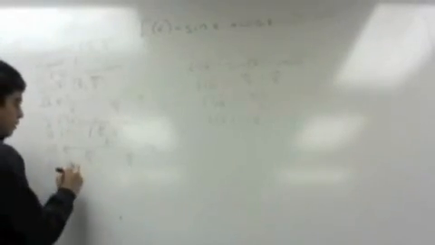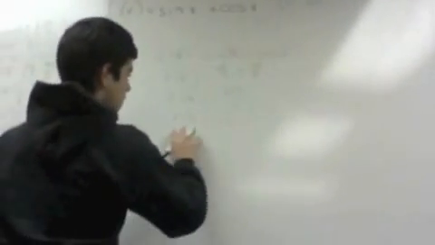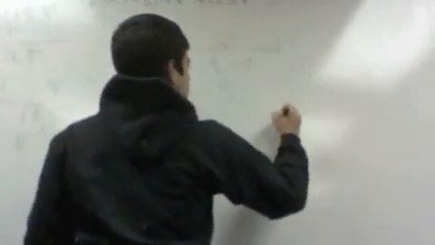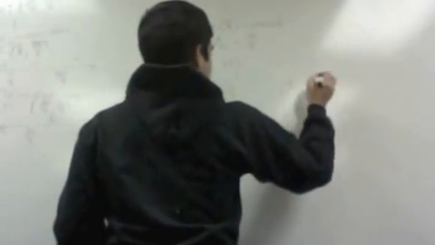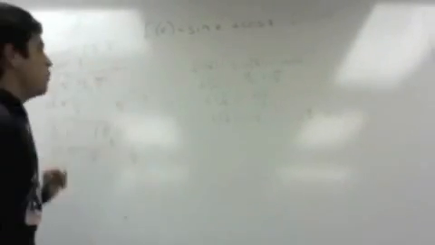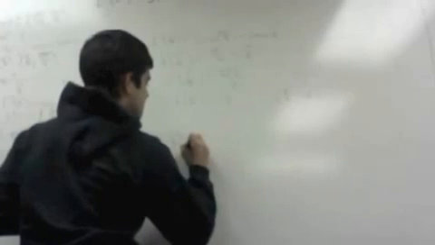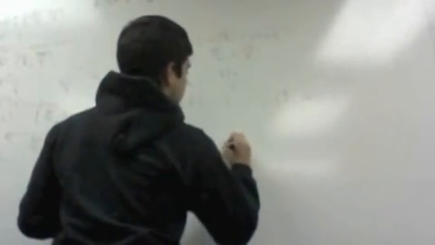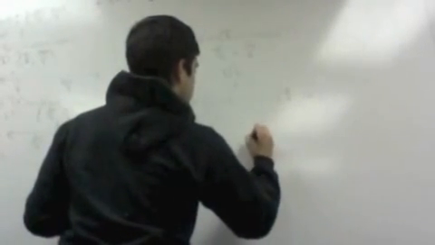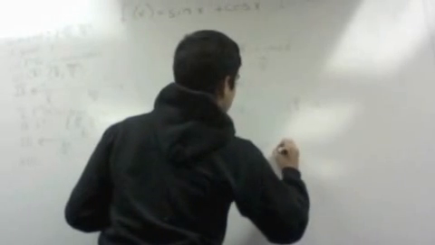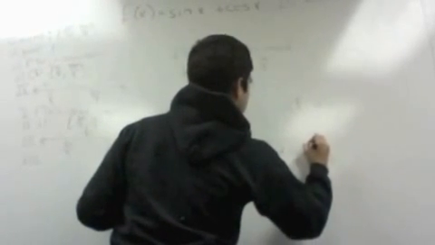So we have that the point would be pi fourth, square root of 2. Now we find the other point, which is 5 pi fourth. So we substitute 5 pi fourth: sine of 5 pi fourth plus cosine of 5 pi fourth.